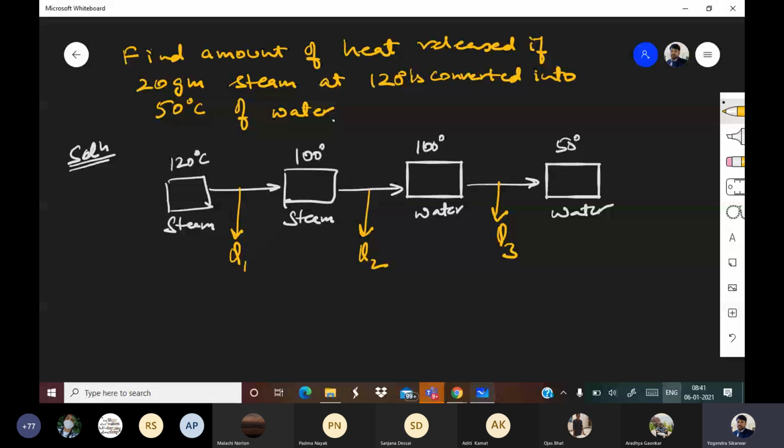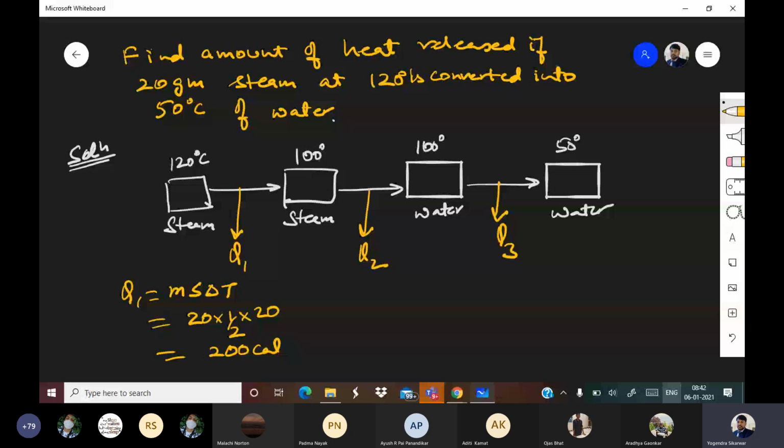How much is Q1? Q1 is m s delta T. m is 20, s is half, and delta T is 20. So that comes out to be 200 calorie. So 200 calorie will be released when steam is converting from 120 to 100 degrees Celsius.